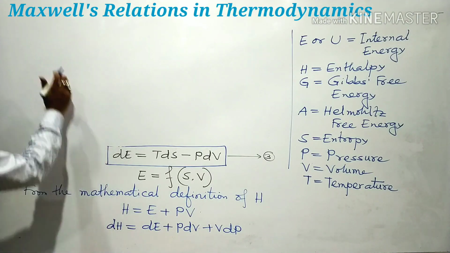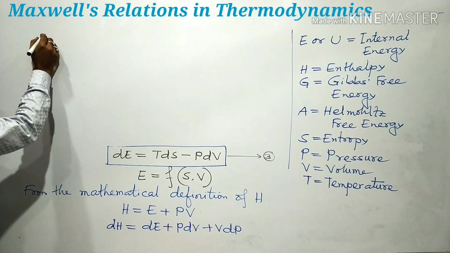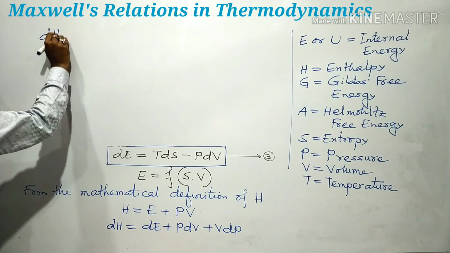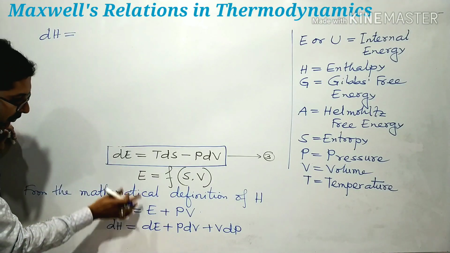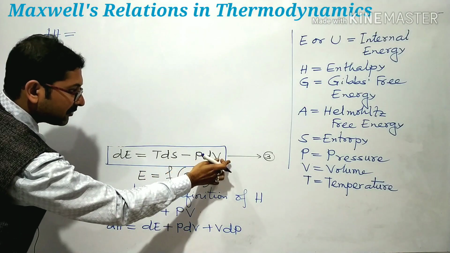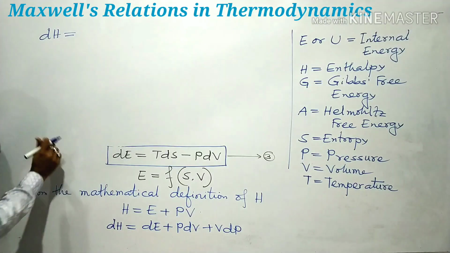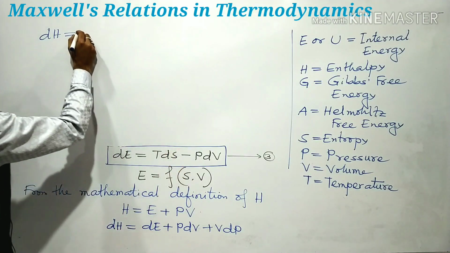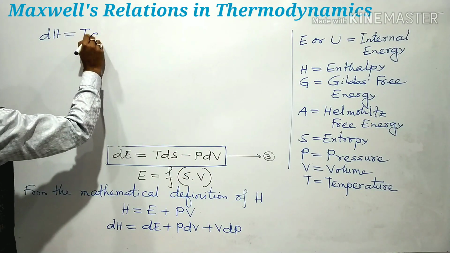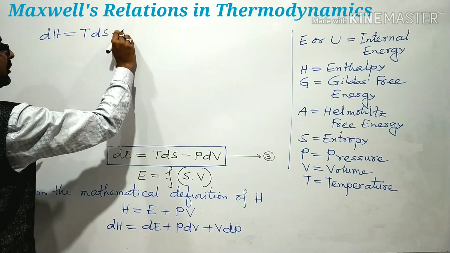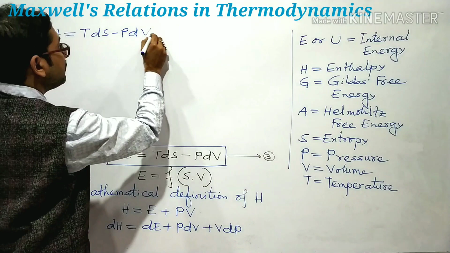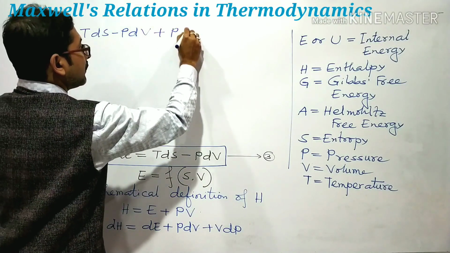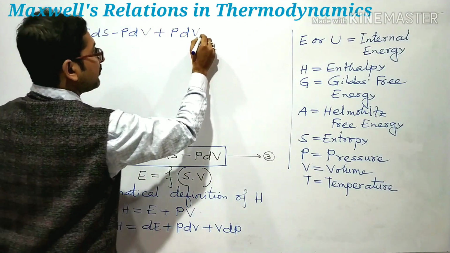Next we can write from here dH equal to, substituting the value of dE from relation number 3, dE equal to TdS minus PdV, we can write here TdS minus PdV plus PdV plus VdP.